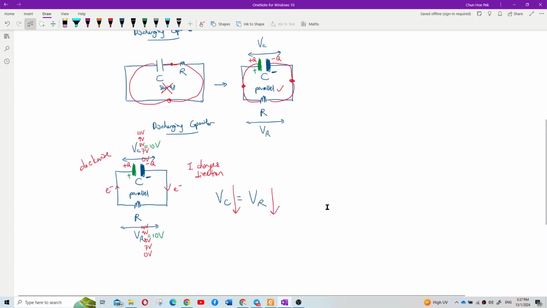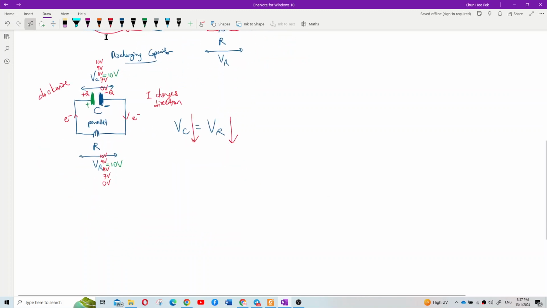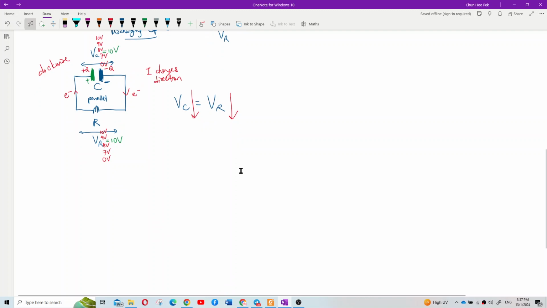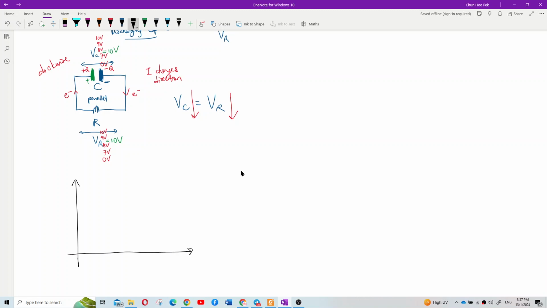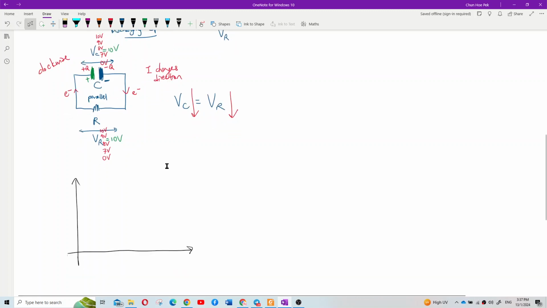Okay, let's draw the graph, class. So start with what? Start with the charge of the capacitor, because it is discharging. Okay, discharging.